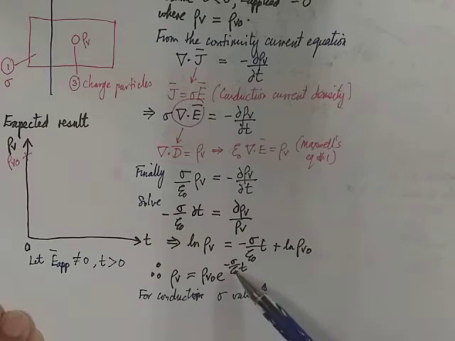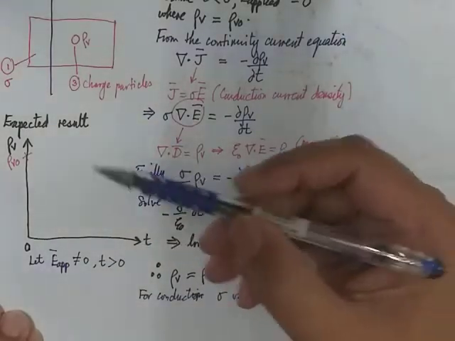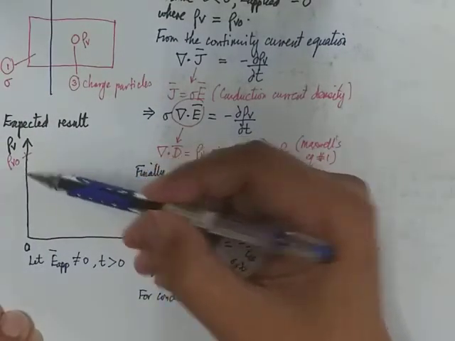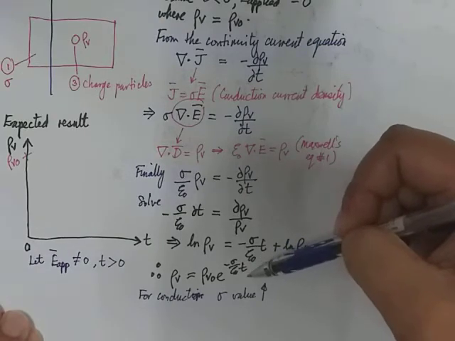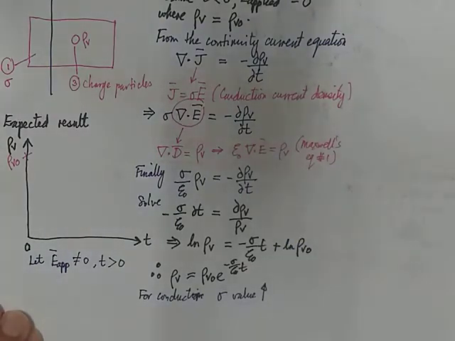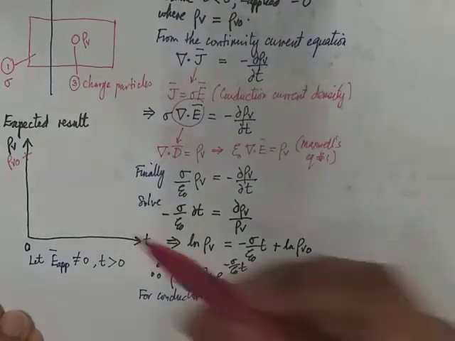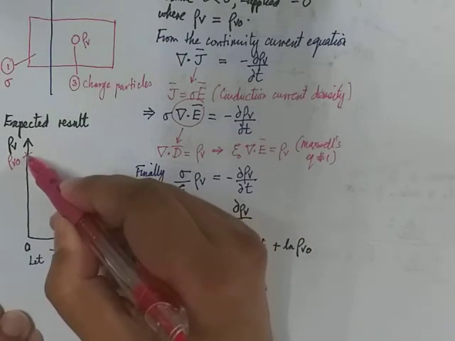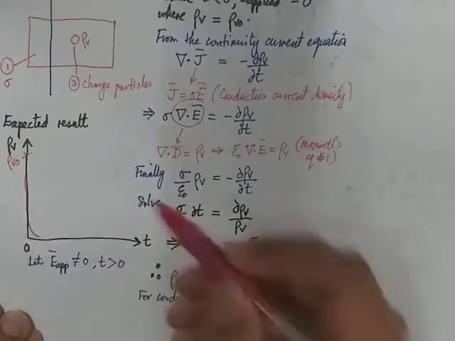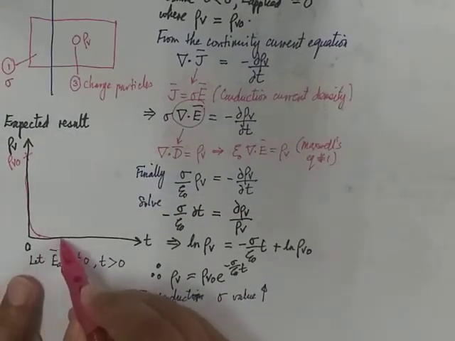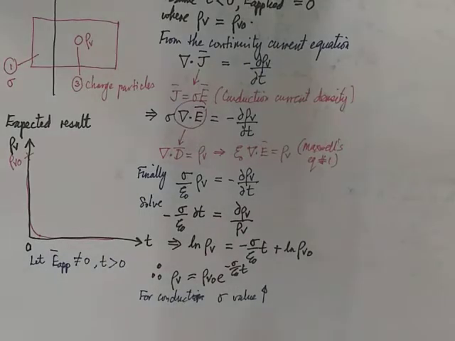When I increase t slightly, we can see that initially rho v is at this position. When sigma is very large, with t having some number, you can see that rho v straight away will become 0. That should be the case.